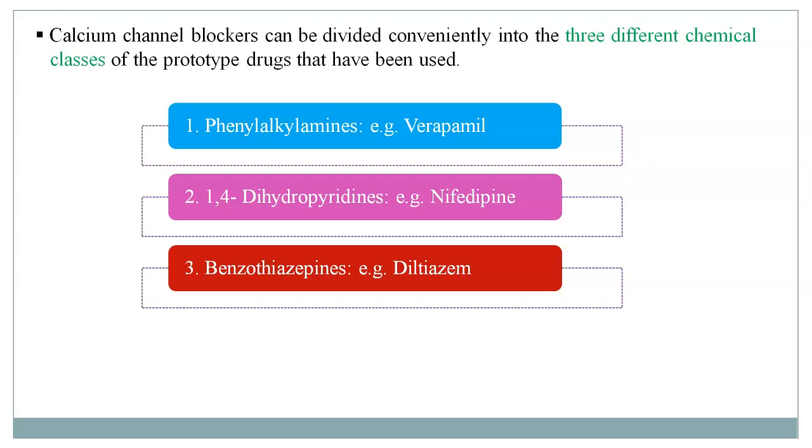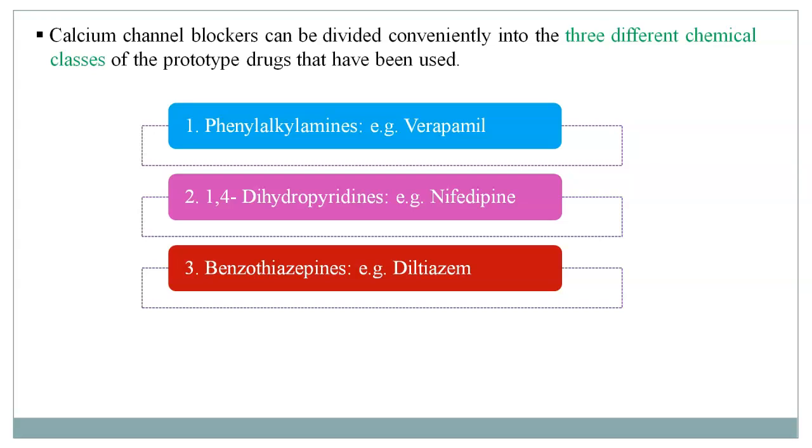The calcium channel blockers can be divided conveniently into three different chemical classes of the prototype drugs that have been used. The first class is phenylalkylamines, example verapamil.